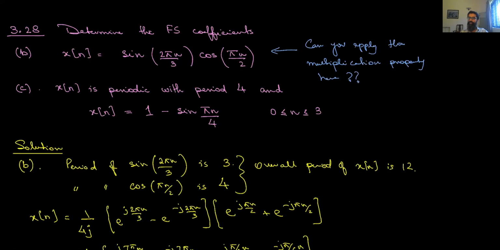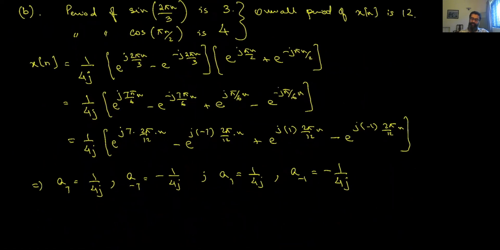And if you do use the multiplication property there, you will get the same result. I'm not going to do it completely. Let me just quickly point out, using the multiplication property.